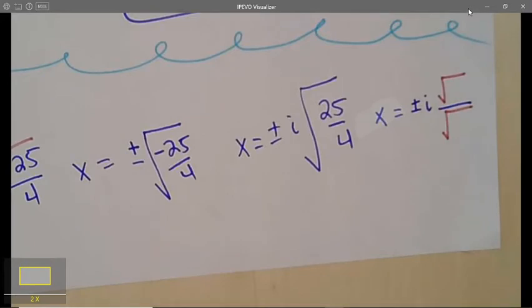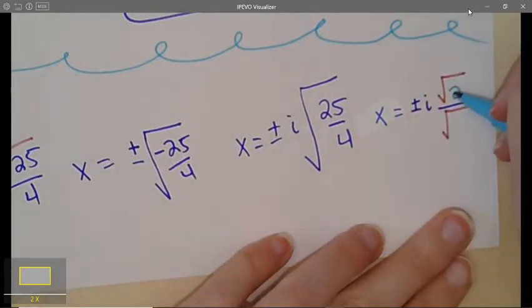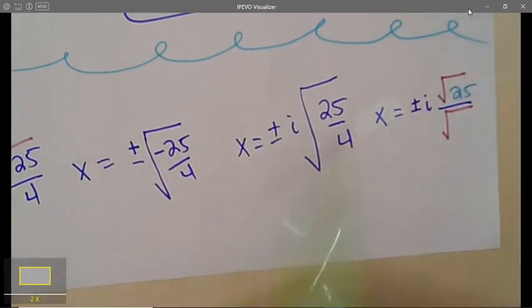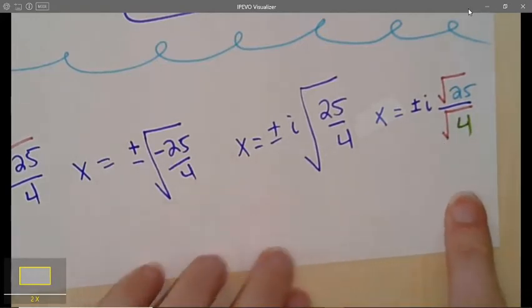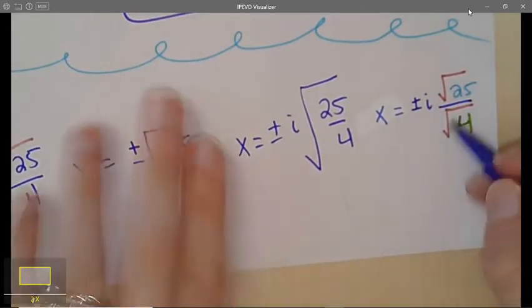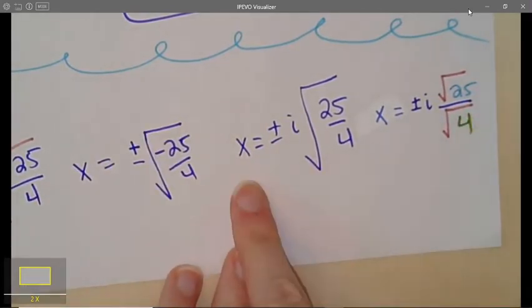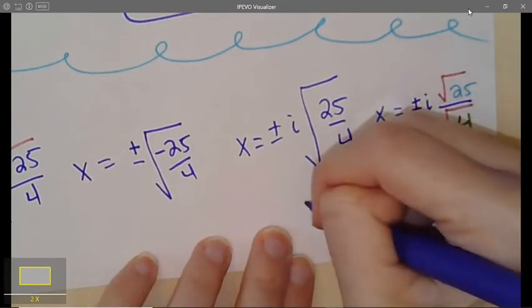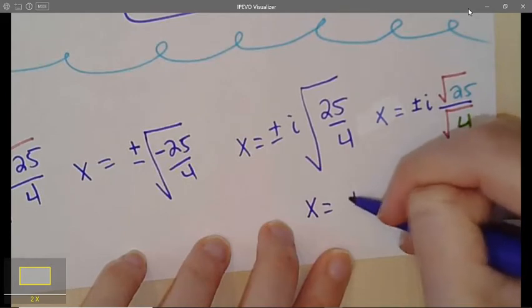So I'm going to square root the 25 and the 4. Okay, so now I'm going to shift down. Sorry, guys, I know I'm kind of going on a little journey right now, but it'll be okay. So I'm going to have x equals plus or minus.